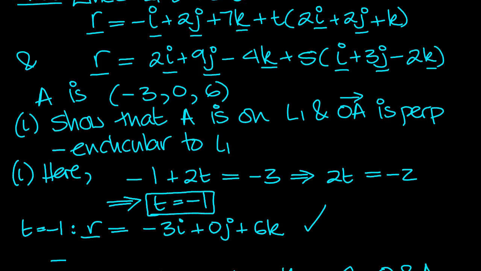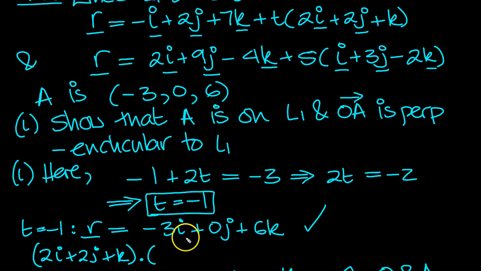So let's see if it's perpendicular. Let's have a look at the dot product. This is L1, 2, 2 and 1: 2i plus 2j plus k. This is the direction vector of the line.